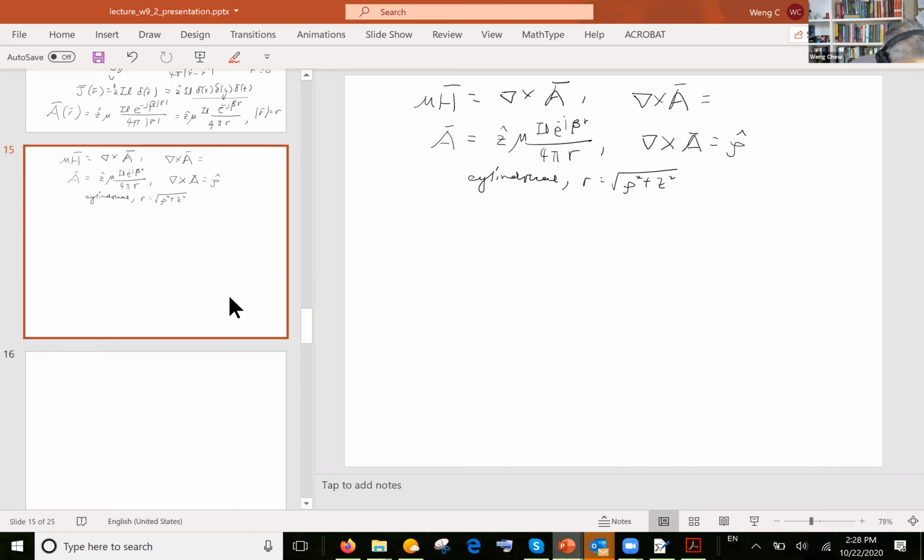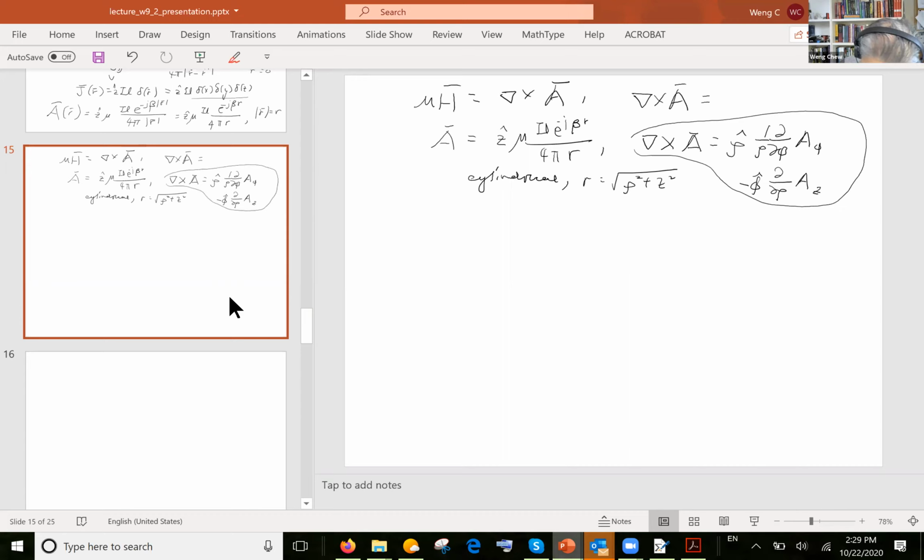Okay, let me see if I get this correct. The curl of A, if you do a lookup table, will consist of this term. In cylindrical coordinates, it will have two terms, okay? Partial rho A of z. So the curl of A in the cylindrical coordinate system is given by this.